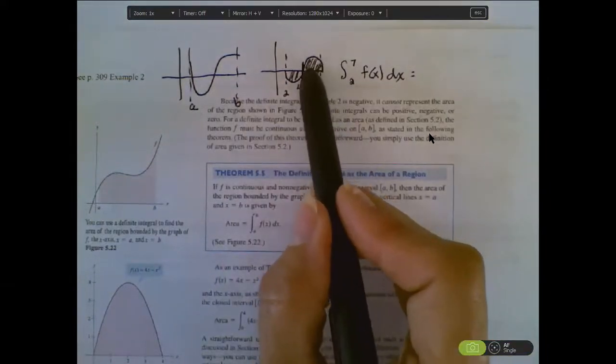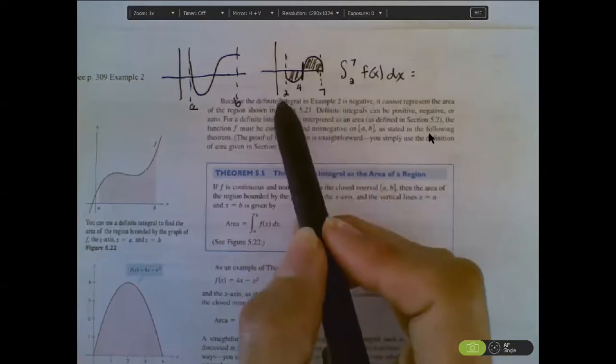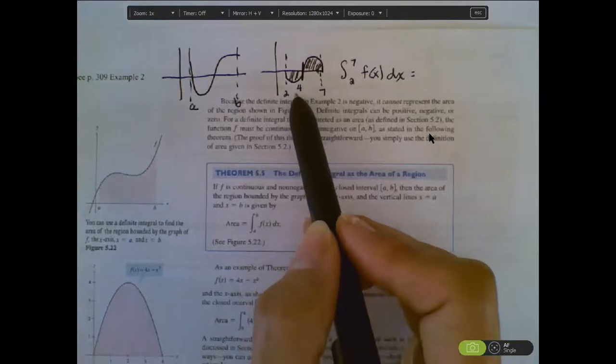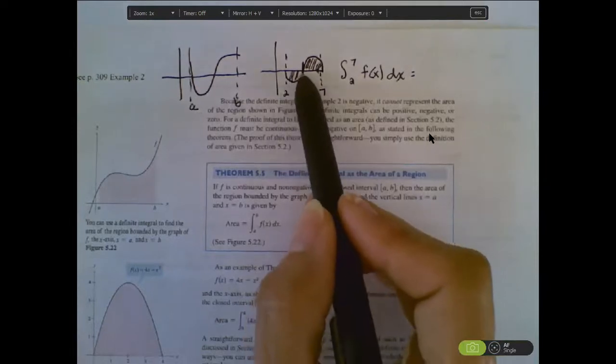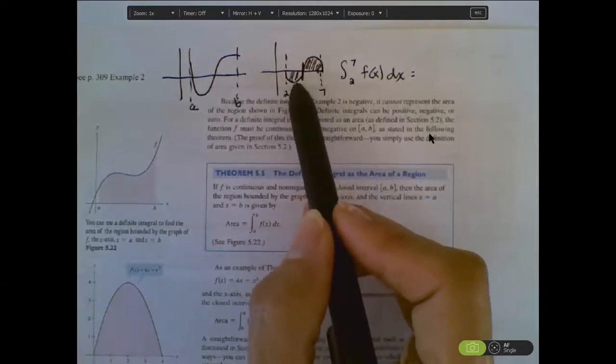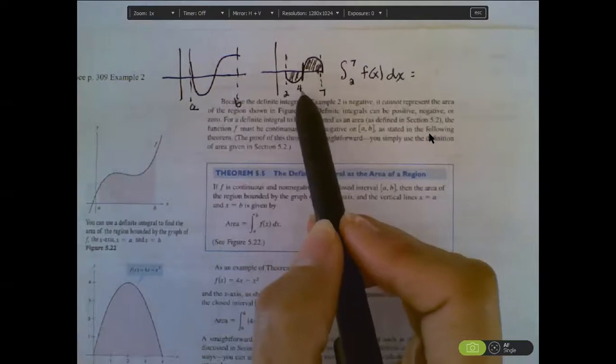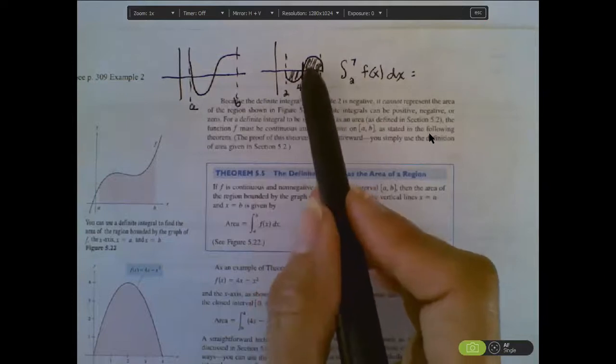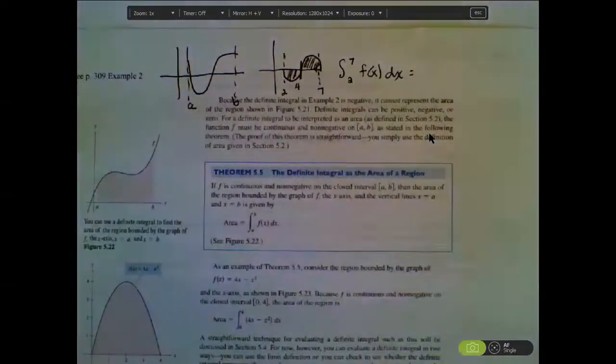That would give me the value of this area, and I could integrate from 2 to 4, but if I did, I would get a negative answer. So I need to take the absolute value of the integral from 2 to 4 and then add it to the integral from 4 to 7 so that they don't cancel each other out. That would give me these two areas added together.